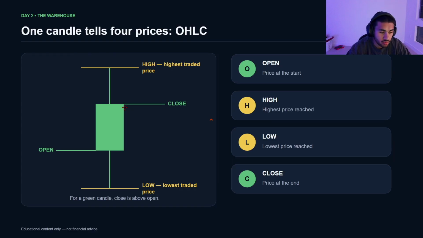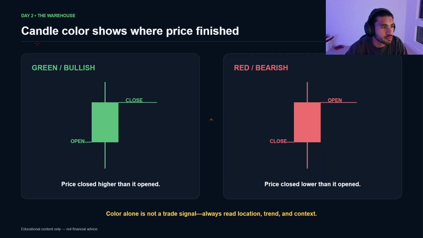The high would be the highest price within those 5 minutes. The low would be the lowest price within those 5 minutes. The open would be where the price opened at the start of the 5 minutes. The close would be where the price closed at the end of the 5 minutes. Pretty simple. Candle color shows where price finished.